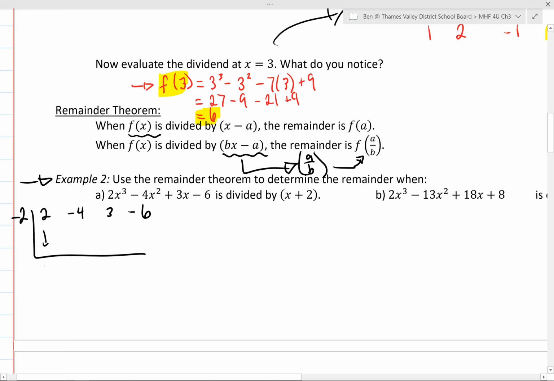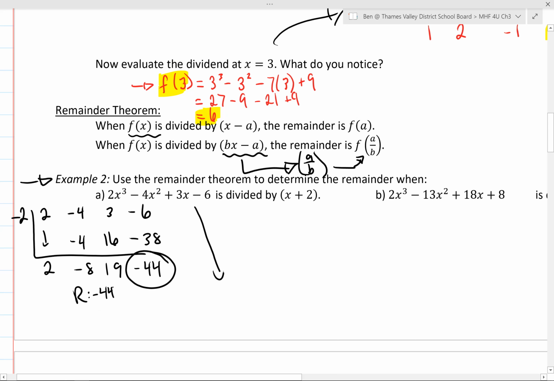I can bring my 2 down. That's 2, -4, -8, 16, 19, -38, and let me see here, -44. Right, so this tells me that my remainder is -44.